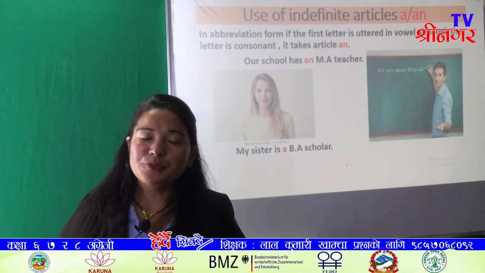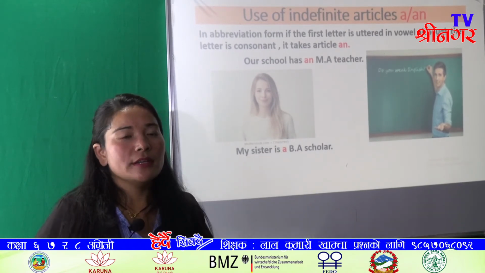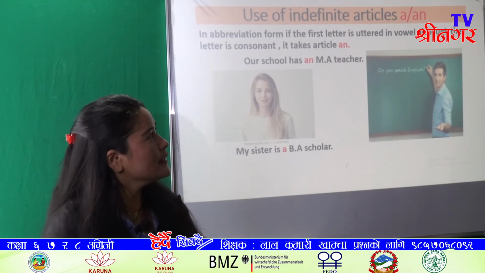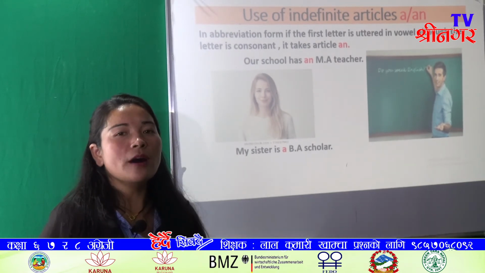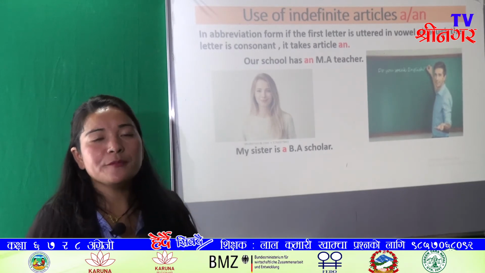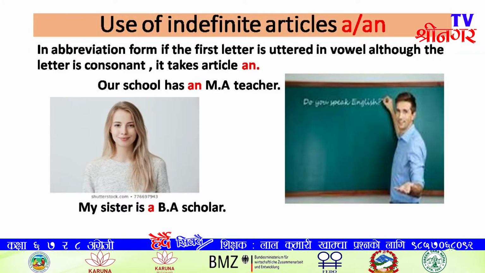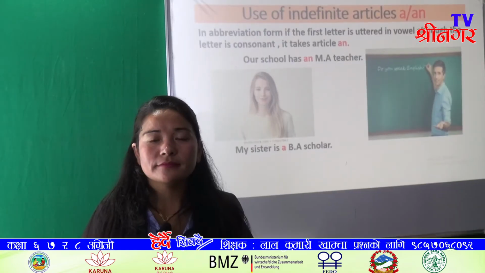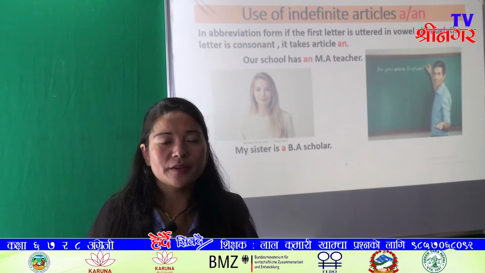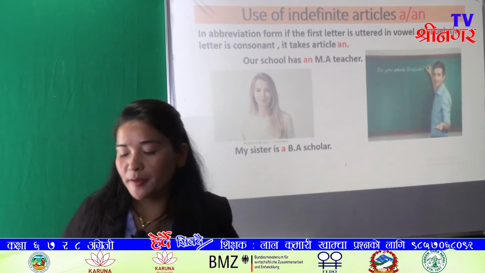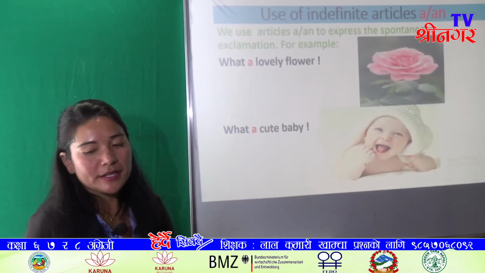When we pronounce the word, if the first letter is pronounced as a vowel sound, we have to use article an, but if the first letter's pronunciation is a consonant sound, we have to use article a. Okay, are you clear? Let's see the next one.